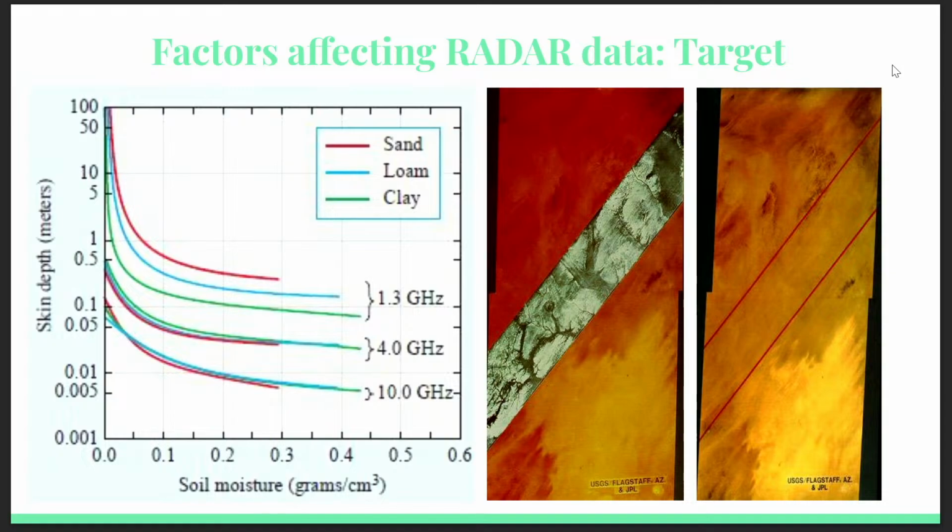Based on the soil moisture, the dielectric constant is going to be modified. So based on the soil moisture, the dielectric is changing, and as a result, how much it's able to penetrate is going to be reduced. Those with very little soil moisture, it is not going to be.